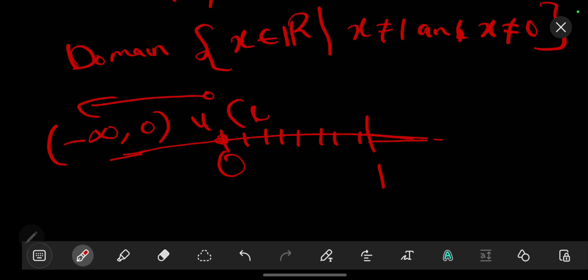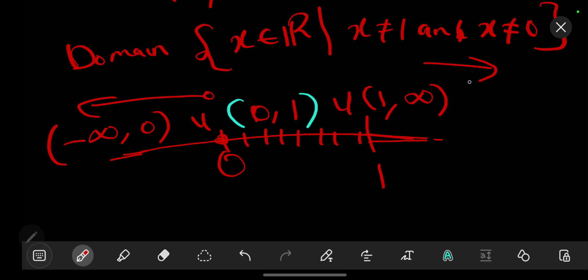I have used open circles to show that my 1 and 0 are not part of the solution. Then last but not least, you move from 1, not included, to positive infinity. So this is how you can write the interval notation.